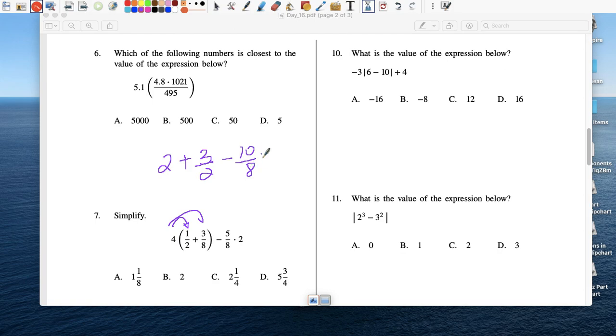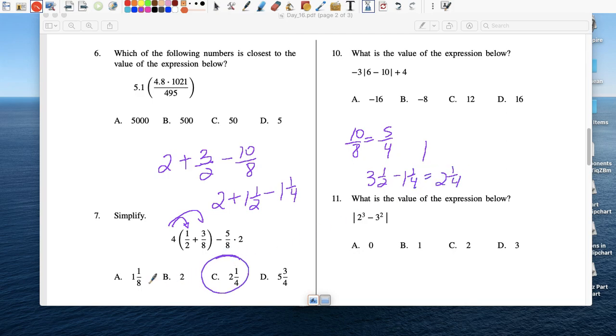So 3 over 2 is 1.5, minus 10 over 8, which simplifies to 5 over 4, or 1 and 1/4. So 2 plus 1.5 is 3.5, and then 3.5 minus 1 and 1/4 should be 2 and 1/4. Final answer, C. Again, you have a calculator for these.